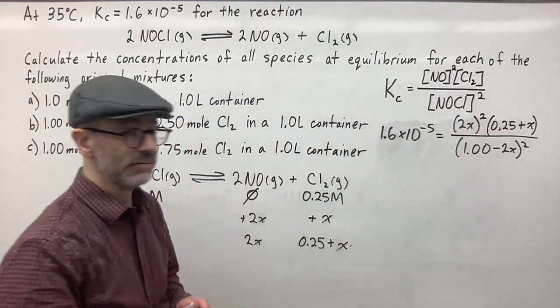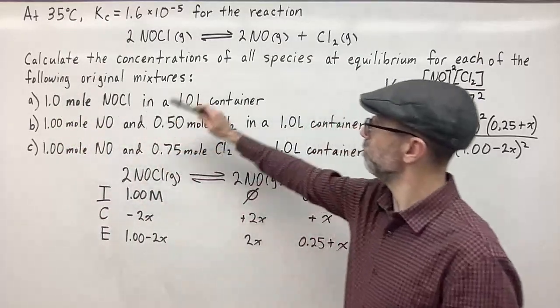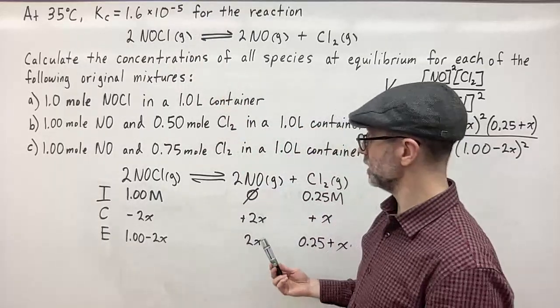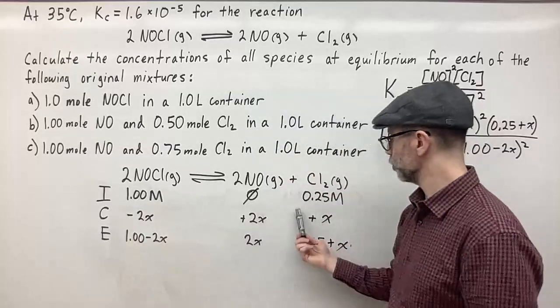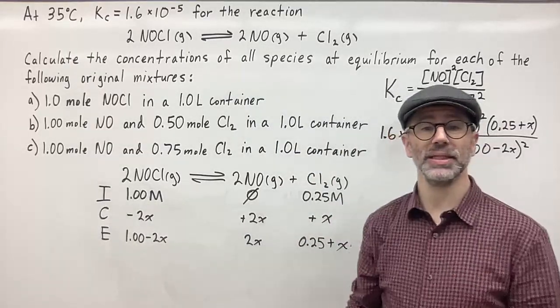So again, just as we did in part A, because the equilibrium constant is so small compared to the starting concentrations, 1.00 and 0.25, we can assume that x is going to be negligible.